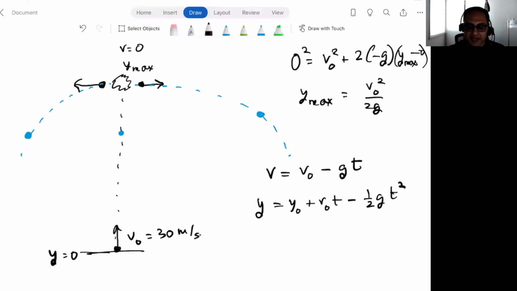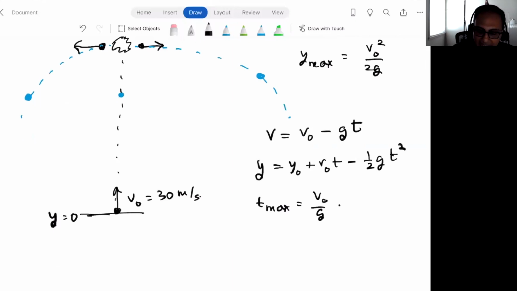So what you could do is figure out how much time it takes to get to the top. From the first kinematic equation, let's call T max the time. Setting v equals 0, you get T max equals v0 over g. If you plug that T max into the second kinematic equation, you'll get exactly the same answer, y max is equal to v0 squared over 2g. So all of this is old stuff. There's nothing new here at all.